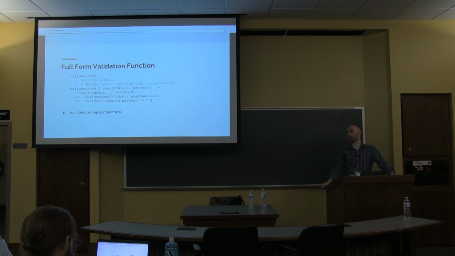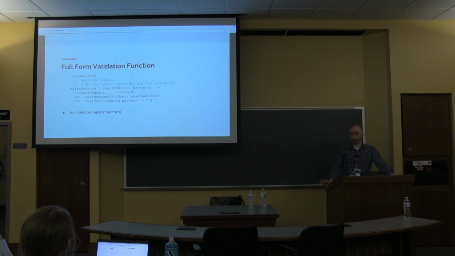So if you were, for example, building this from a website and you were able to get your form data from a website and then dump all of the strings into a record, like if you know what fields exist on your web page, you could pull those strings out and put them in there. You just apply that function to your record, and then you get back a validated record. You get back a V of either the errors or the validated record. Does that answer your question? Yeah, it's beautiful.